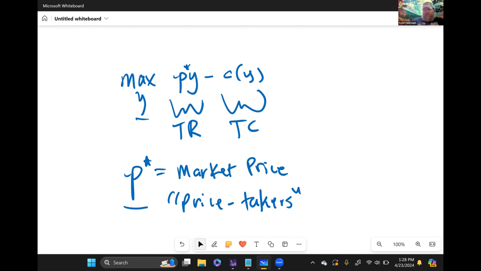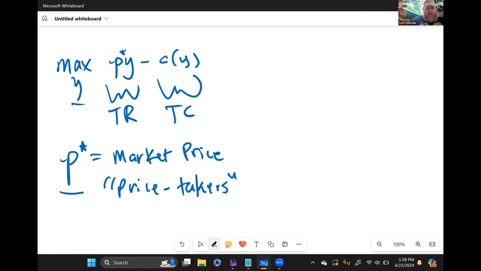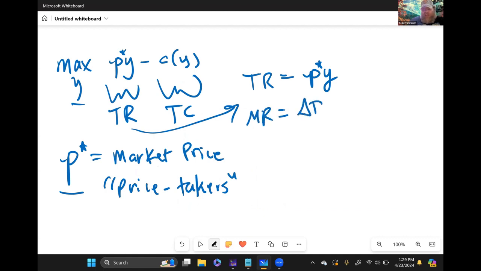Now, what this means, and what makes it important from our perspective, is that this implies something about marginal revenue for competitive firms. So if total revenue is P times Y, and we'll go ahead and do P star here, P star times Y, then marginal revenue, which is just the change in total revenue divided by the change in output, is therefore just going to be P star.